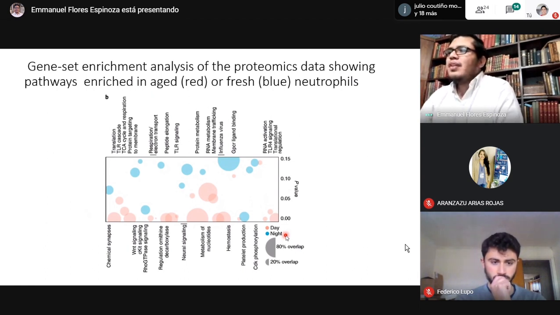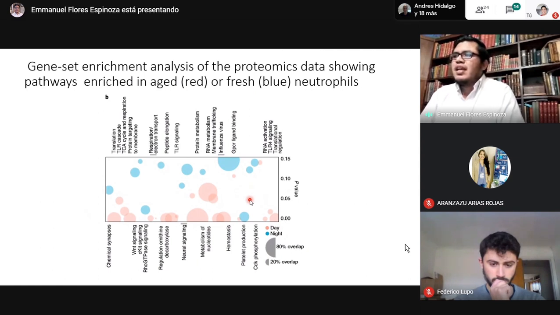The size of the circle is proportional to how much of the proteome data set of these different groups overlaps with the specific gene ontology term, like protein metabolism, RNA metabolism, and so on.